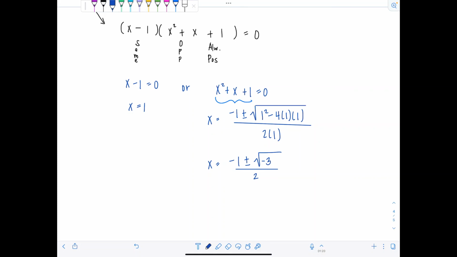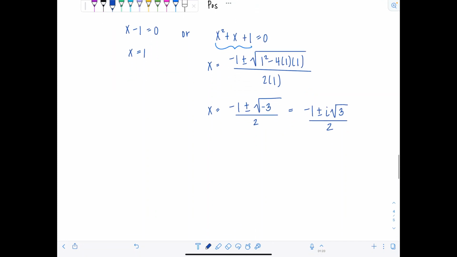And then simplifying that, square root of negative 3 is just i rad 3. So this is negative 1 plus or minus i rad 3 over 2. All right, so that's two solutions, right, because of the plus and minus, and then I also have positive 1. So let's put all three together in a little solution set.